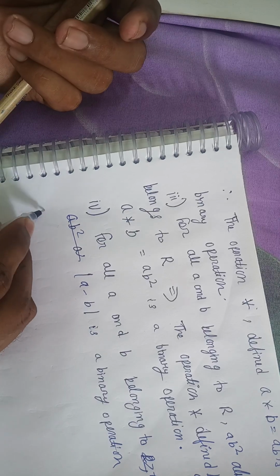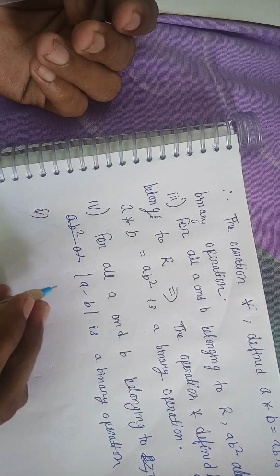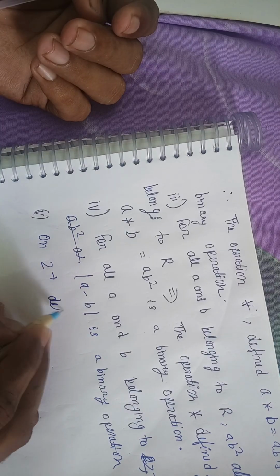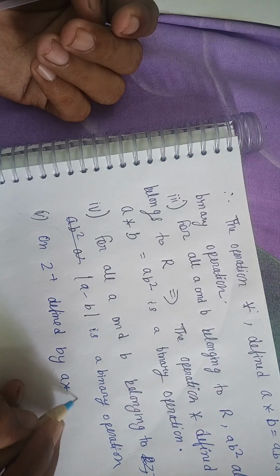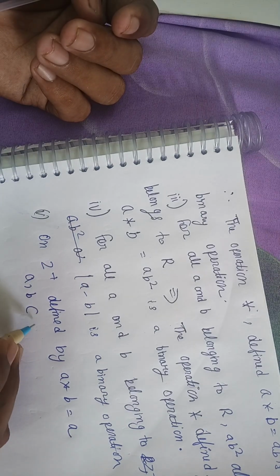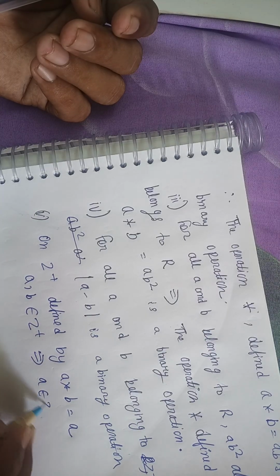Hence the solution for question number 1 part 5: on Z positive defined by a star b is equal to a, where a, b belong to Z positive. a belongs to Z positive.